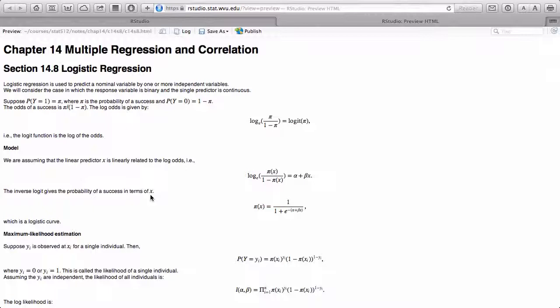So you might think of predicting a binary variable from another binary variable. And that would be a 2x2 contingency table. Or you could have a 2x3 where you're predicting a binary variable from some nominal variable that has more than 2 levels. And that would be another way of looking at the contingency table.